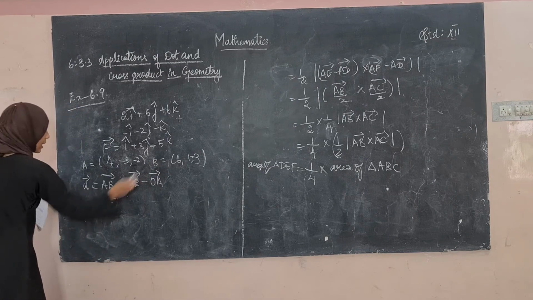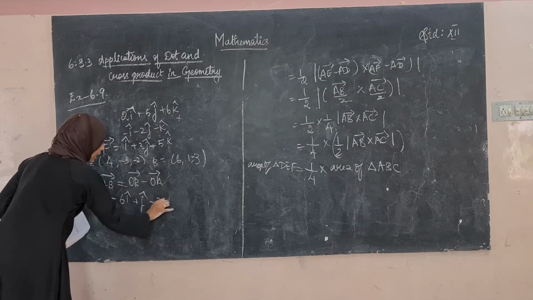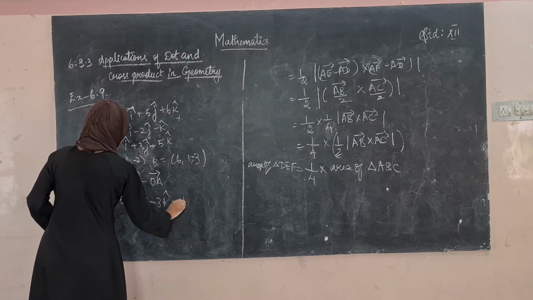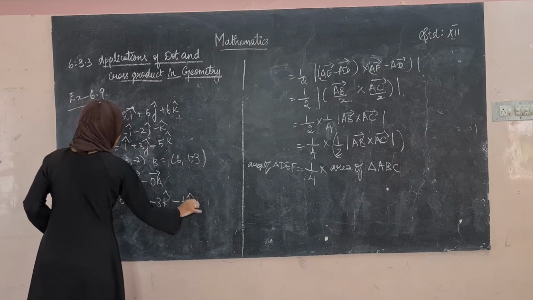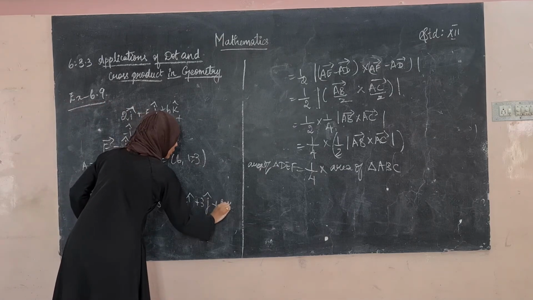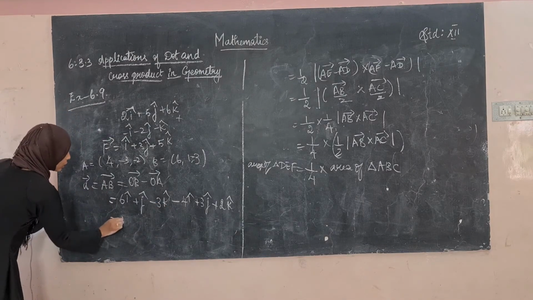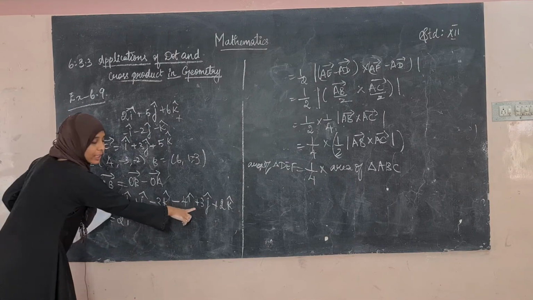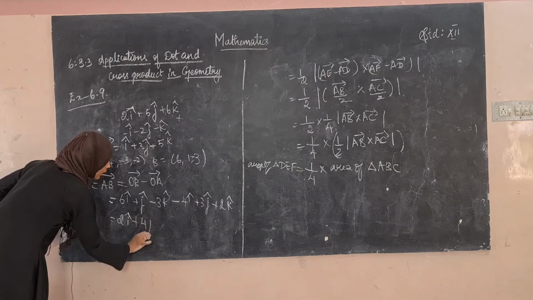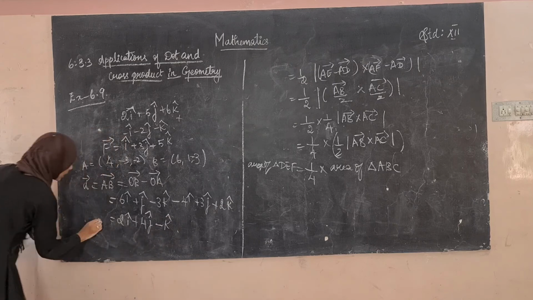OB vector is 6i cap plus j cap minus 3k cap, minus of OA vector, which is minus 4i cap minus 3j cap minus 2k cap. Minus into minus gives plus. Simplifying: 6i minus 4i is 2i cap, 1 plus 3 is 4 so plus 4 j cap, minus 3 plus 2 is minus 1 so minus k cap. This is your displacement.